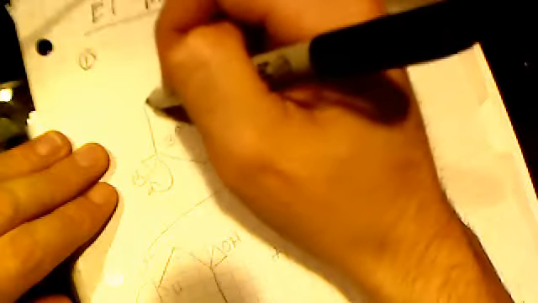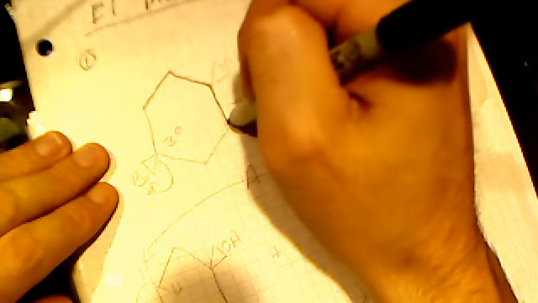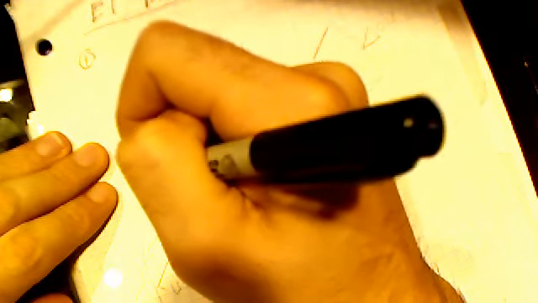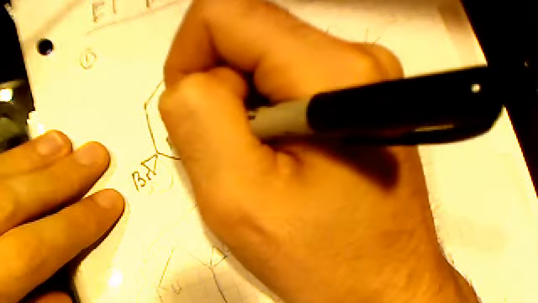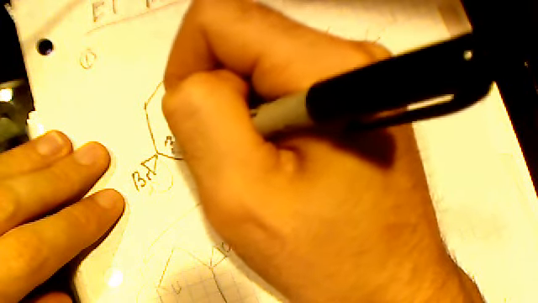So first what's going to happen, we have the molecule here, and it's in tert-butyl alcohol. This is a second degree carbon.